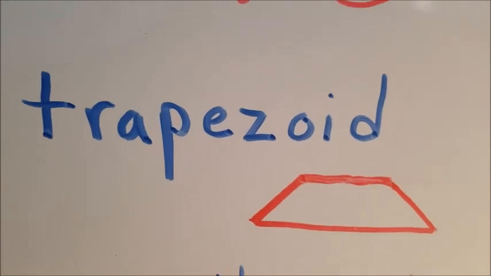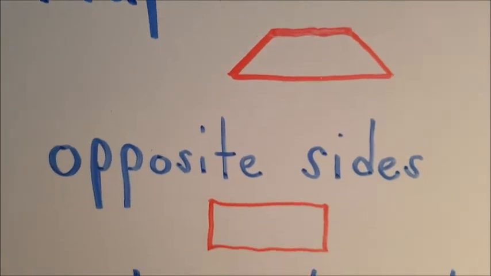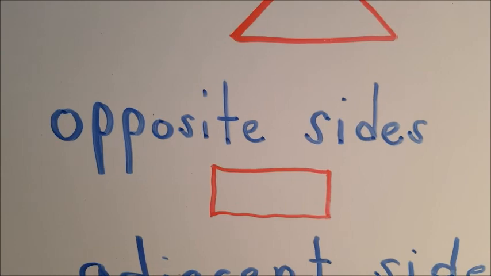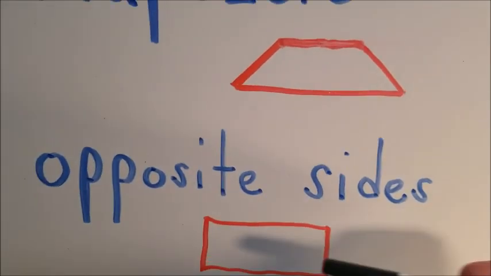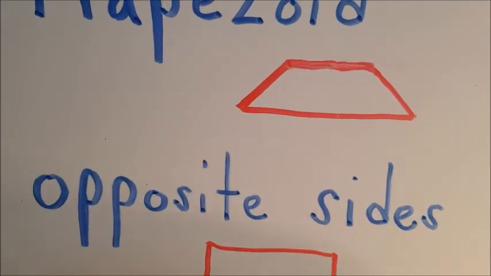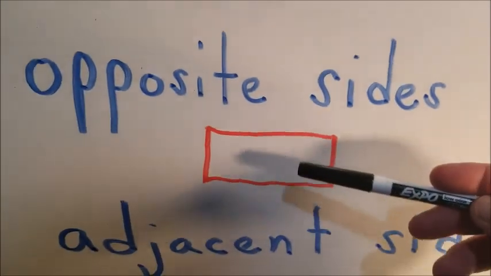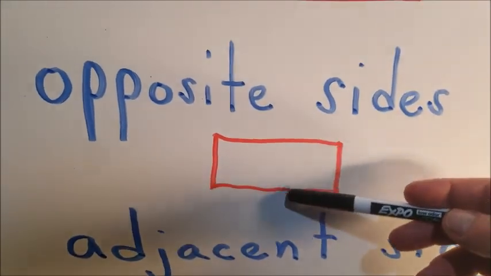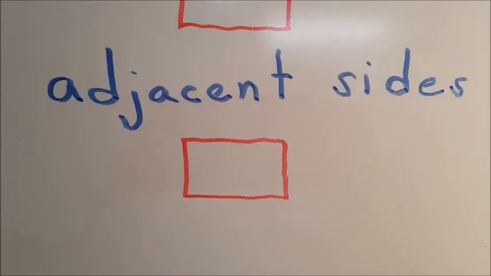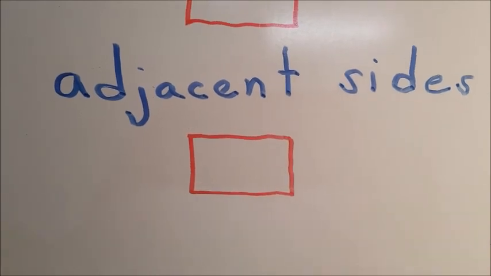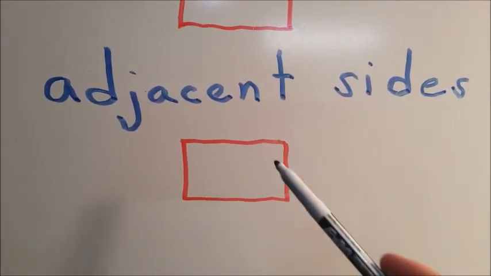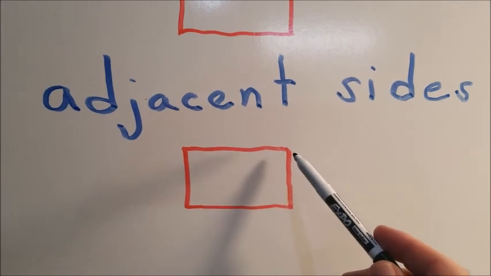Okay. And then that takes us to opposite sides. Well, opposite sides don't share any points. They don't touch at all. They are actually across. So adjacent sides actually share a point.